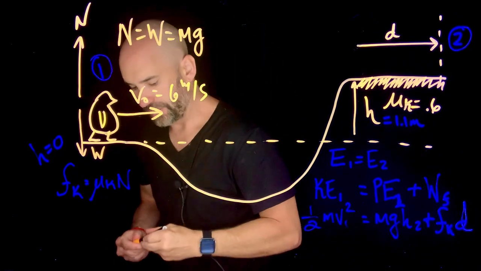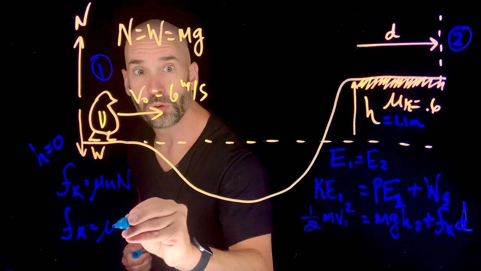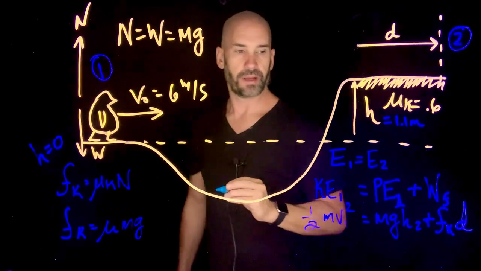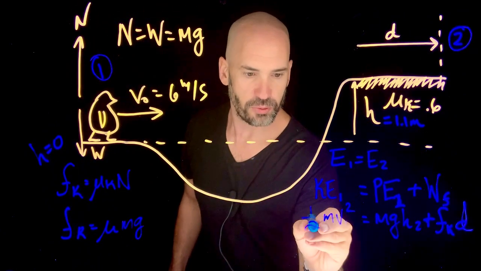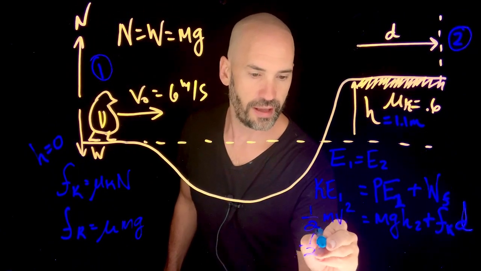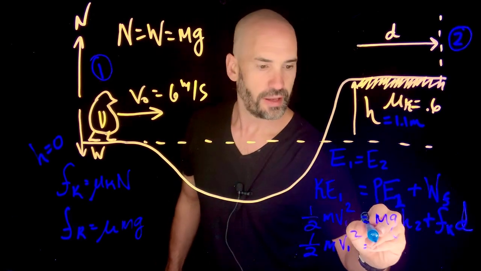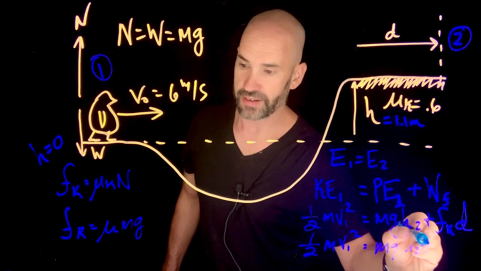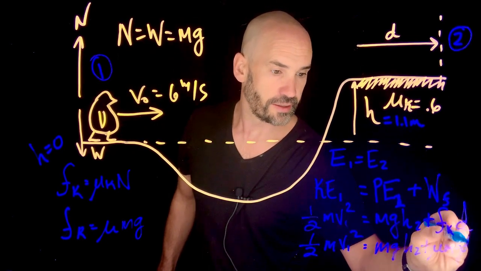So we can say that the frictional force is mu times m times g. Okay? So let's go ahead and substitute that in. Now that means we know that 1/2 m v1 squared equals mg h2 plus mu mg d.